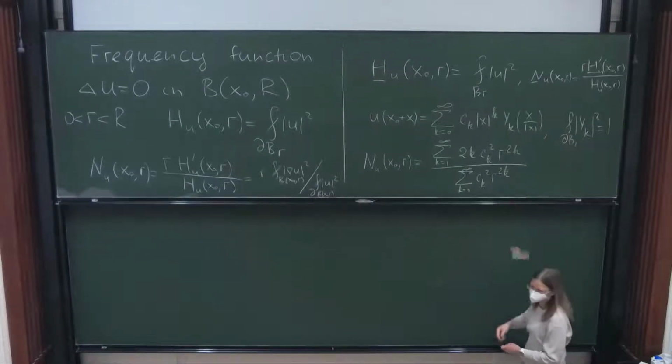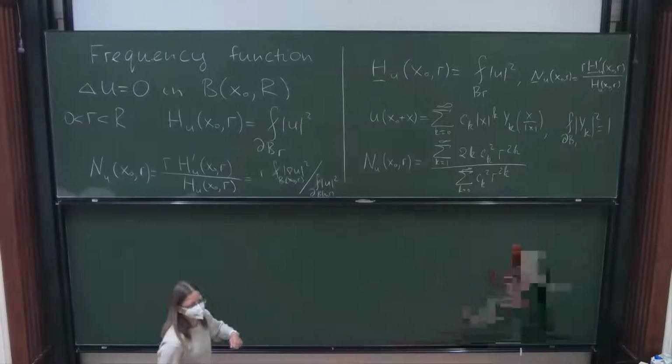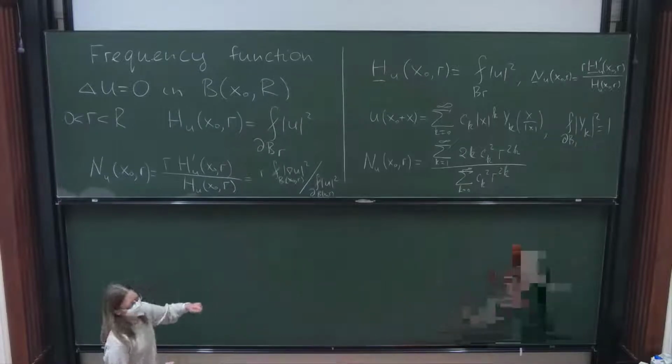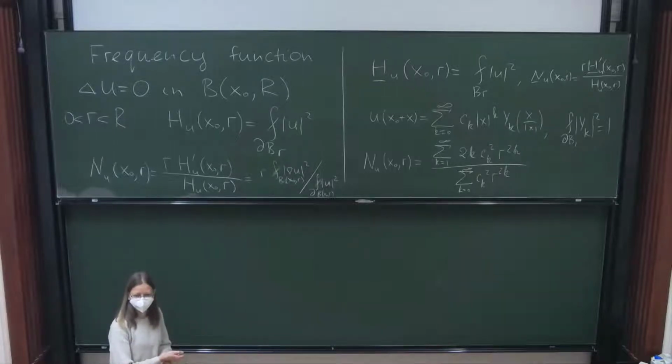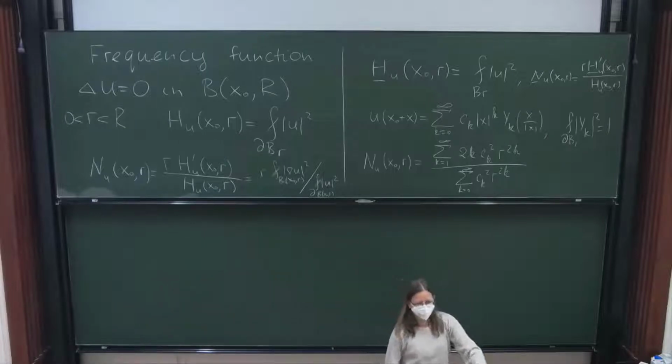What does it tell you? First of all, we see that if we take x equal to 0 and take the radius that goes to 0, the limit of this is the vanishing order of our harmonic function at 0.